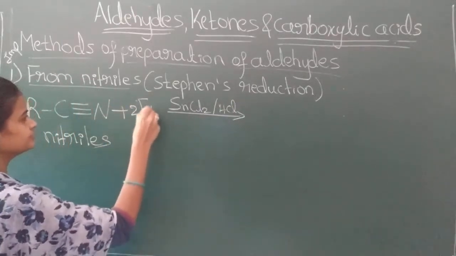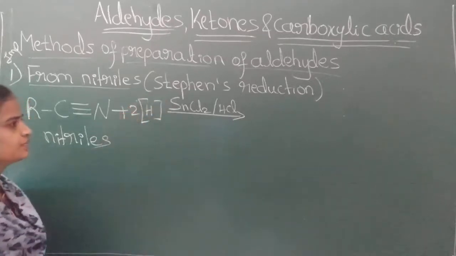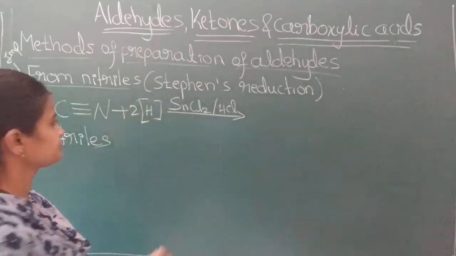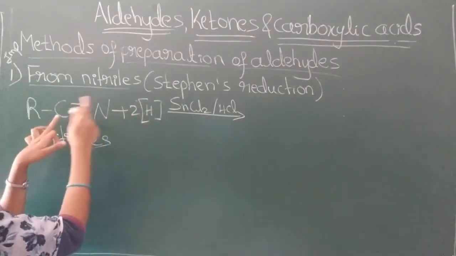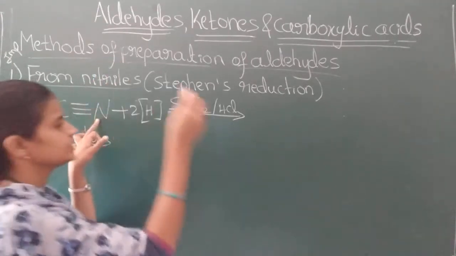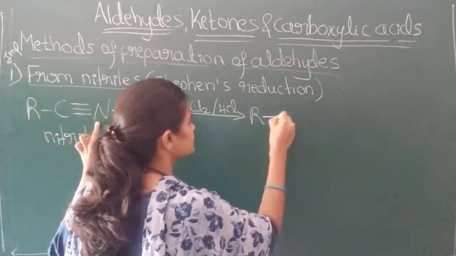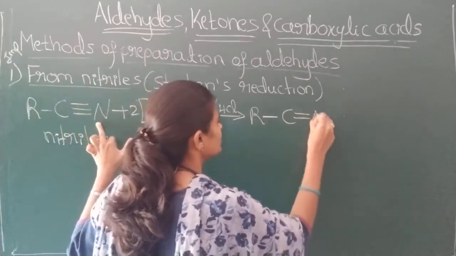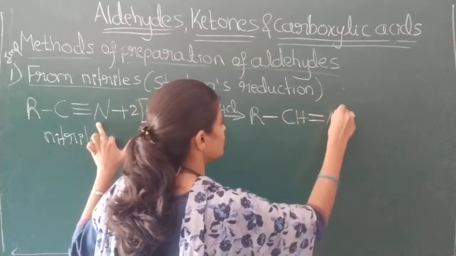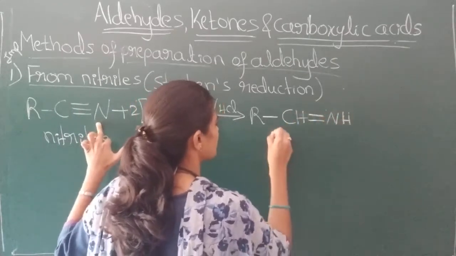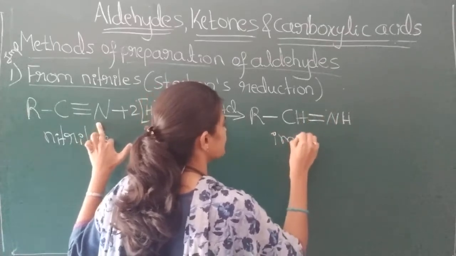Reduction means addition of hydrogen. One hydrogen is added here, another hydrogen is added here. So we get R-CH double bond NH, a class of compounds called imines.